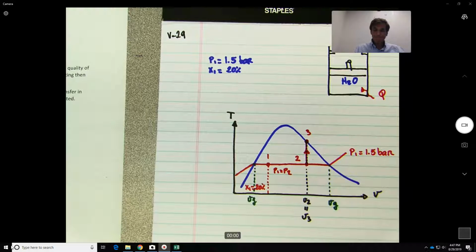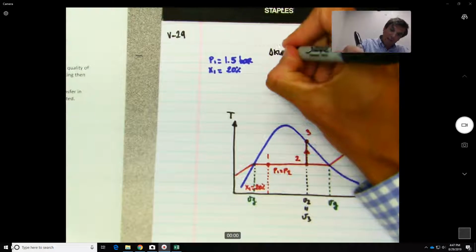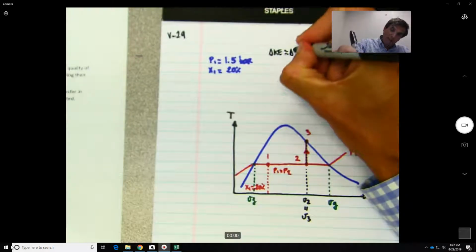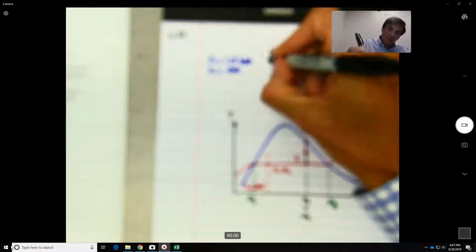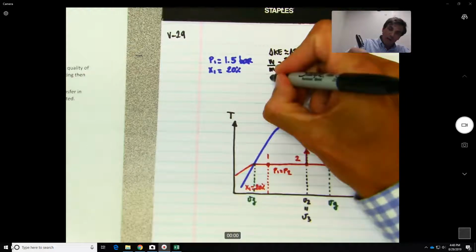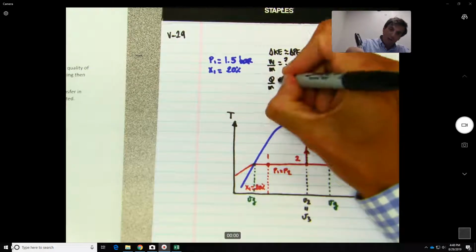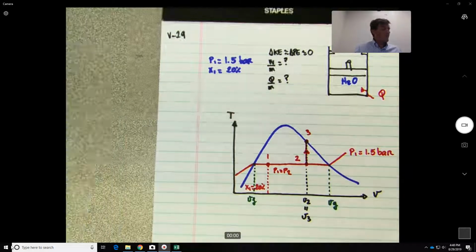All right? So let's try to break this problem into two parts. So, all right, first, what do we need to solve? We know that we can neglect kinetic and potential energy, and that we need to solve for the work per unit mass and the heat per unit mass for the whole process.